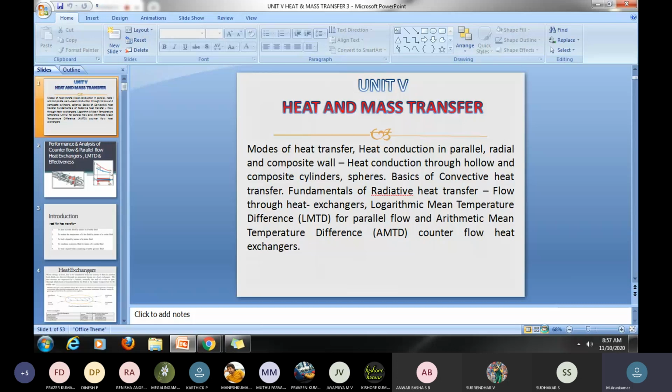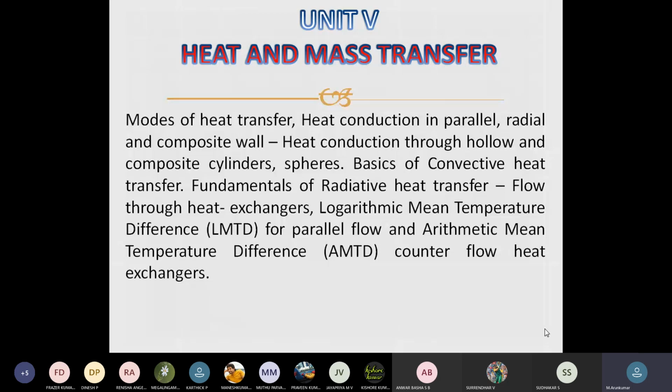So in this class, we are going to discuss unit number 5, heat and mass transfer. In that we have to discuss the last portions, heat exchangers, right? Flow through heat exchangers, then LMTD of a heat exchanger, then AMTD of a heat exchanger. Then we have two different types of heat exchanger, like parallel flow and counter flow.